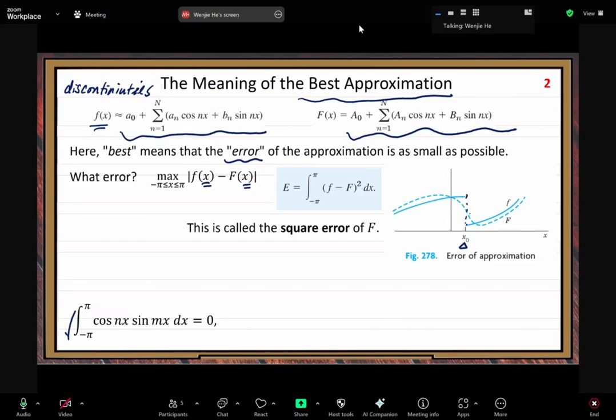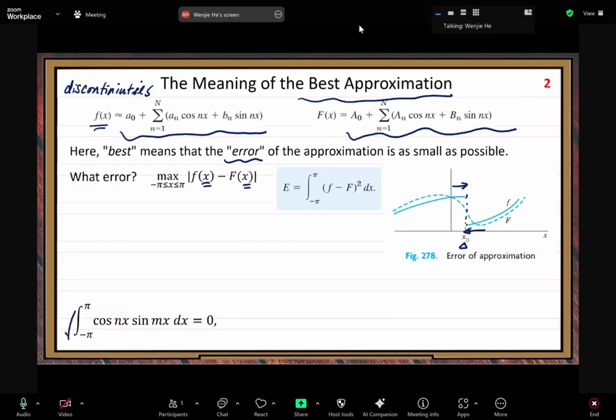Remember last time we used the left limit. You calculate the left limit number and the right limit number. You calculate the difference of the left limit and right limit. That's the jump number, right?